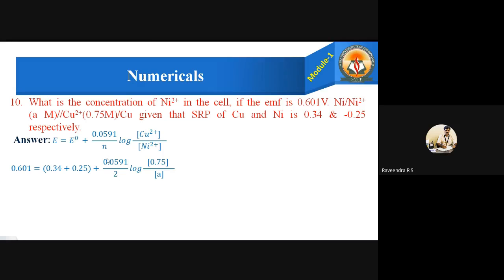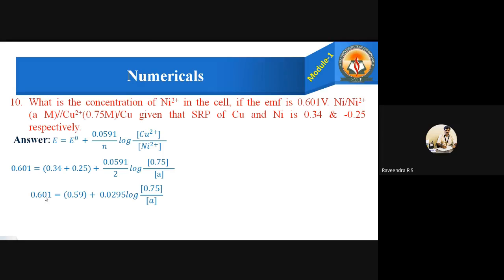Then n is again 2, because copper and nickel both are divalent metals. The concentration of copper is given here, 0.75, but they did not mention the nickel 2 plus ion concentration. They have given it as A. This A we have to find out.